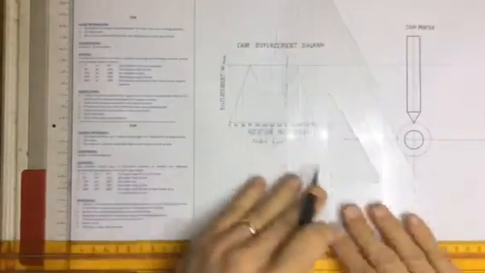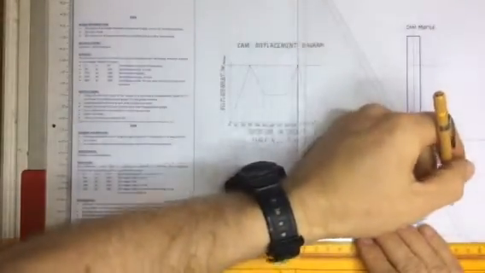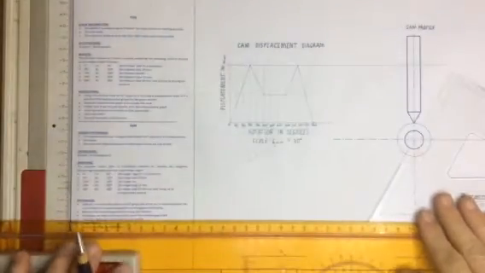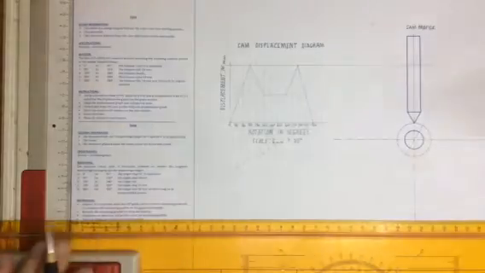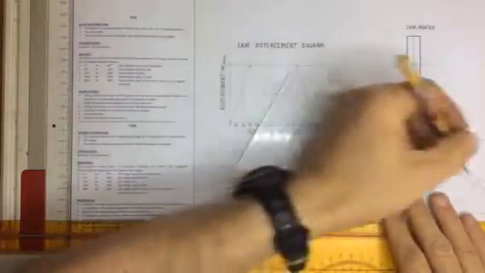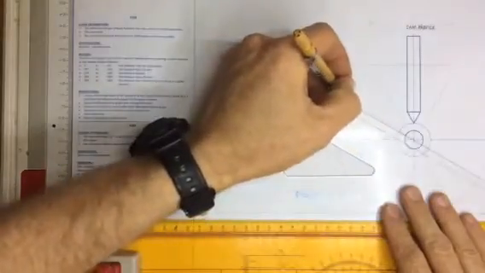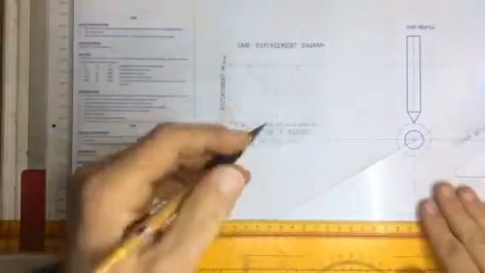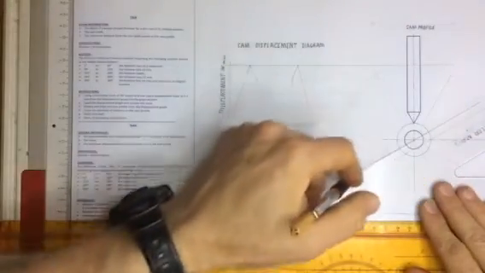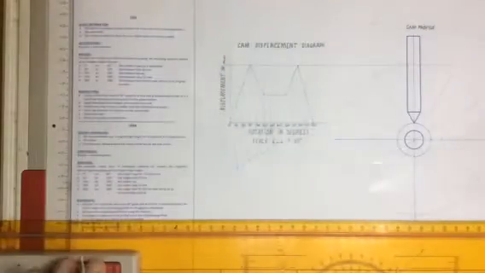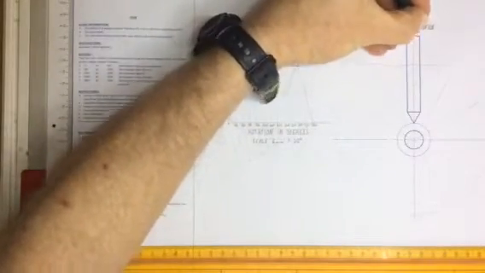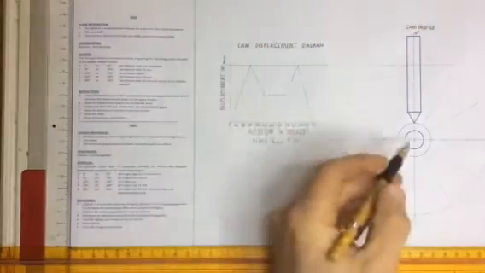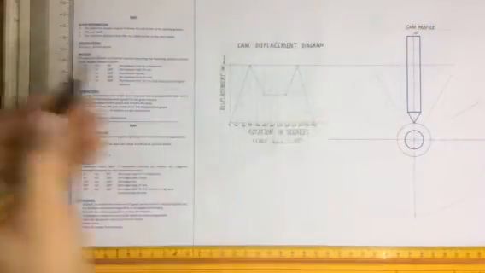The next step is to break that up into 12 equal parts, and then we are going to label those from 0 right the way around to 360. So over here I've got 0 degrees. I now need to know which direction this cam is going to be going in.